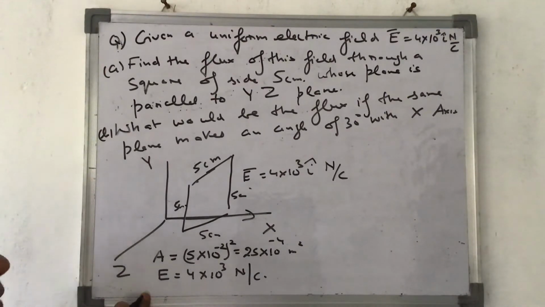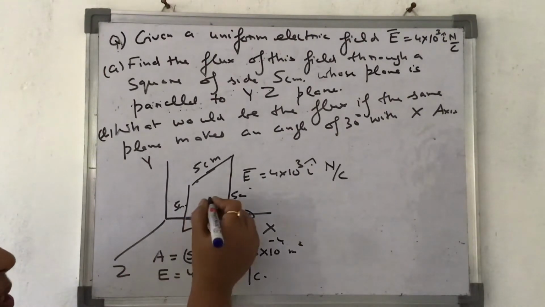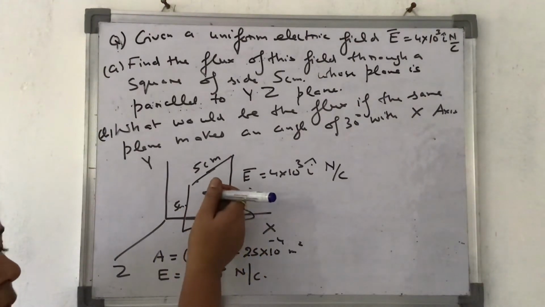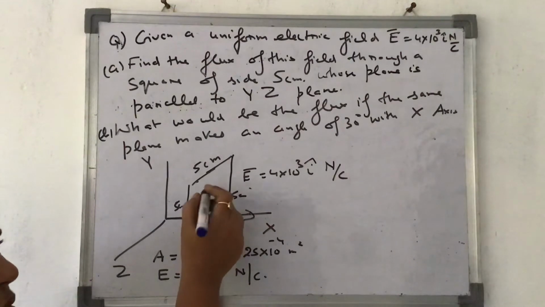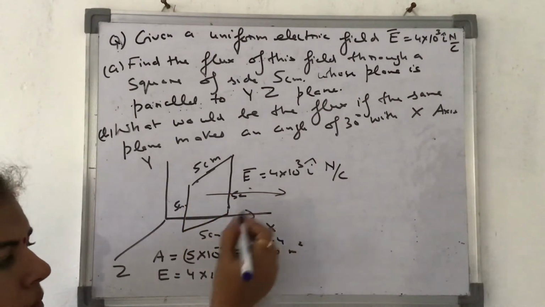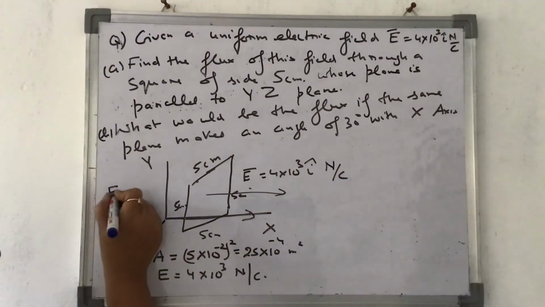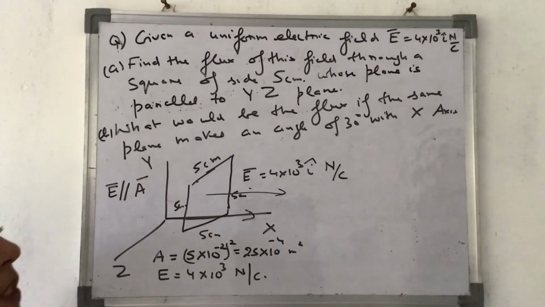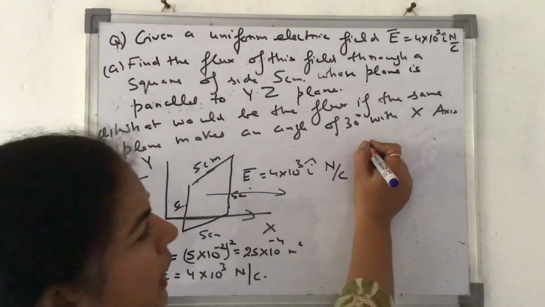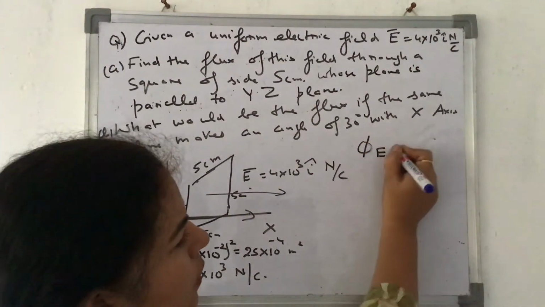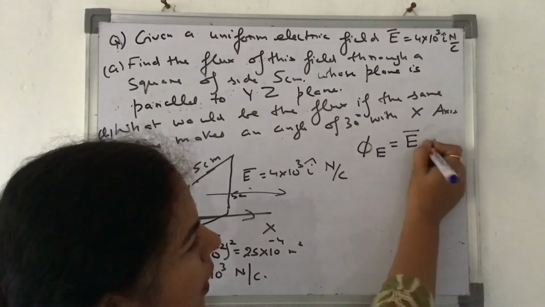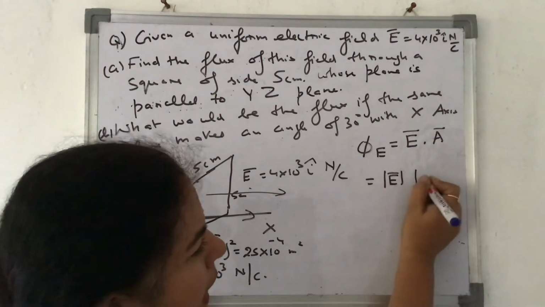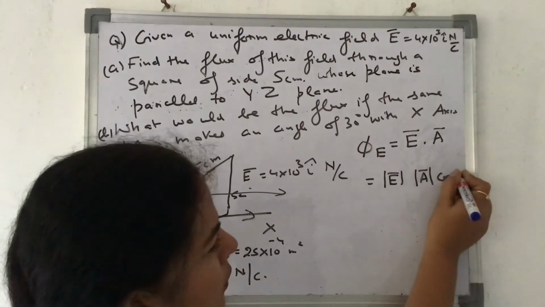What is the direction of area? Area is always making an angle of normal with it. The direction of area is like this. That means here E is parallel to area. The angle between the two is 0 degree. As a result, flux is equal to E dot A, which is equal to magnitude of E, magnitude of A, cos of 0 degree.